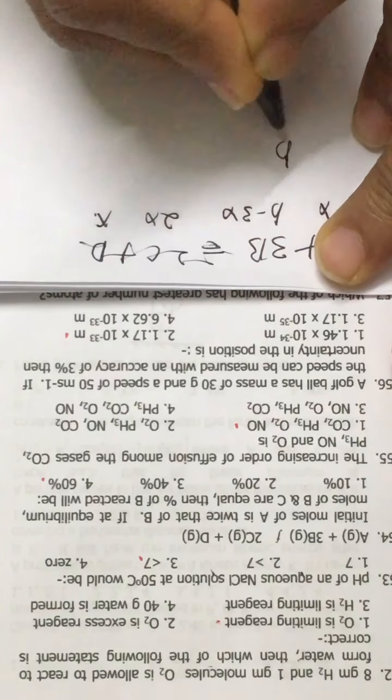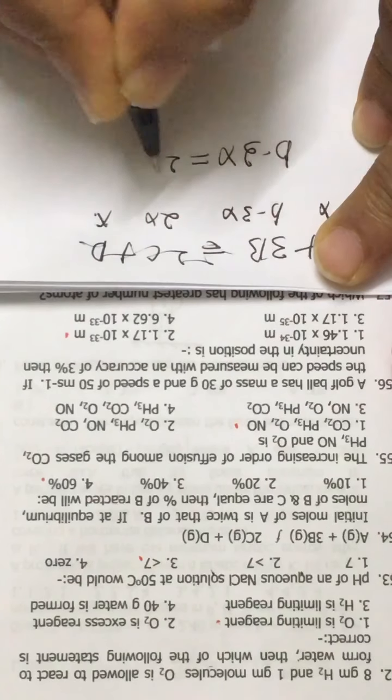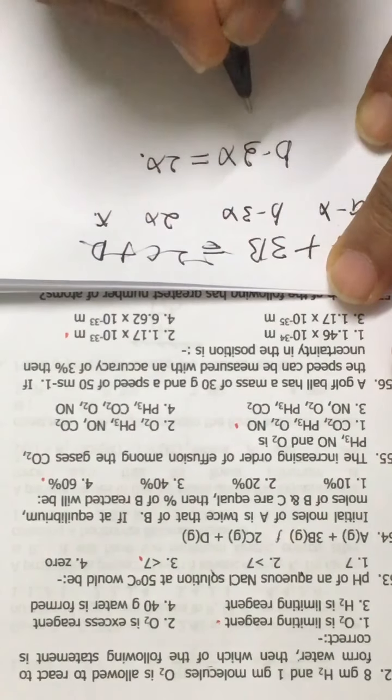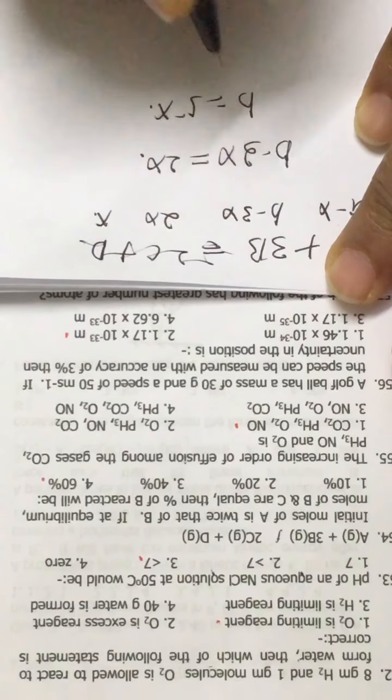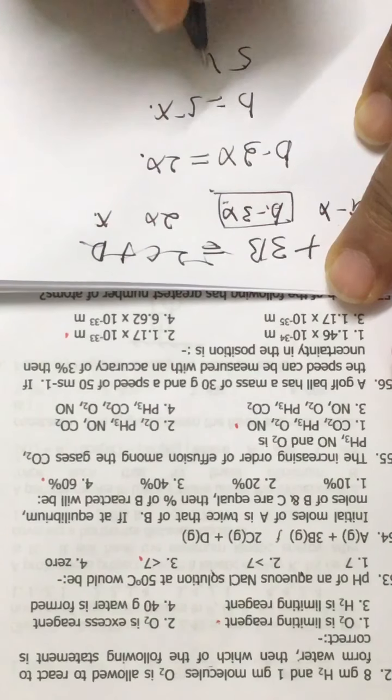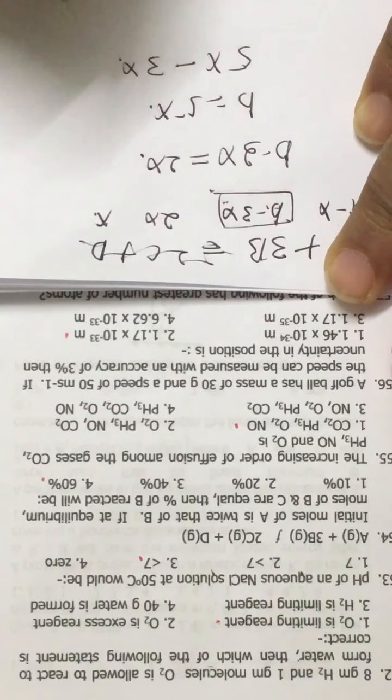That means at equilibrium B minus 3X equals 2X. So you can say B is equal to 5X. So in place of B minus 3X, we can say 5X minus 3X.